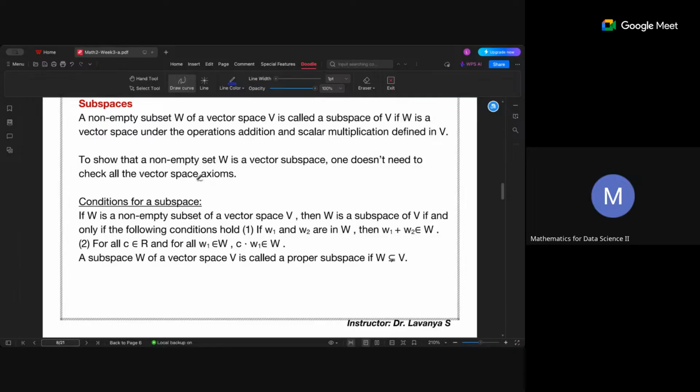It is very easy. You can simply check closed under addition and closed under scalar multiplication. That is enough to check the conditions of a subspace. Only these two conditions are enough. Then you can say that W is a subspace of V.